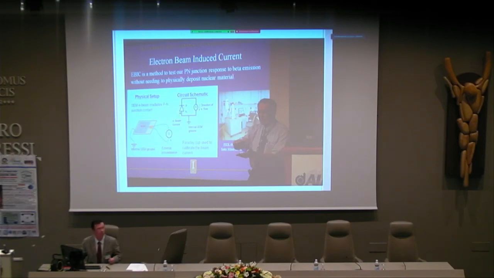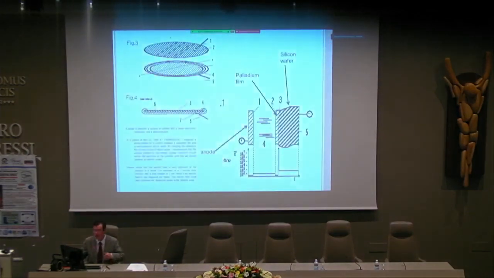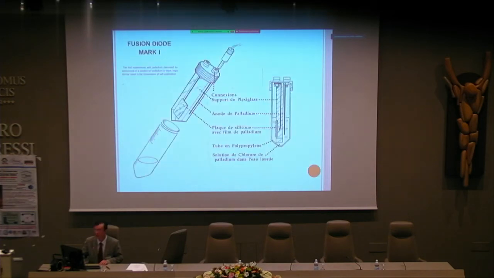For example, a liquid cathode. This is the drawing of my first patent. I wanted to use a silicon wafer with palladium film on it. This is the first fusion diode, with a part of silicon wafer and palladium deposited by electrodeposition.